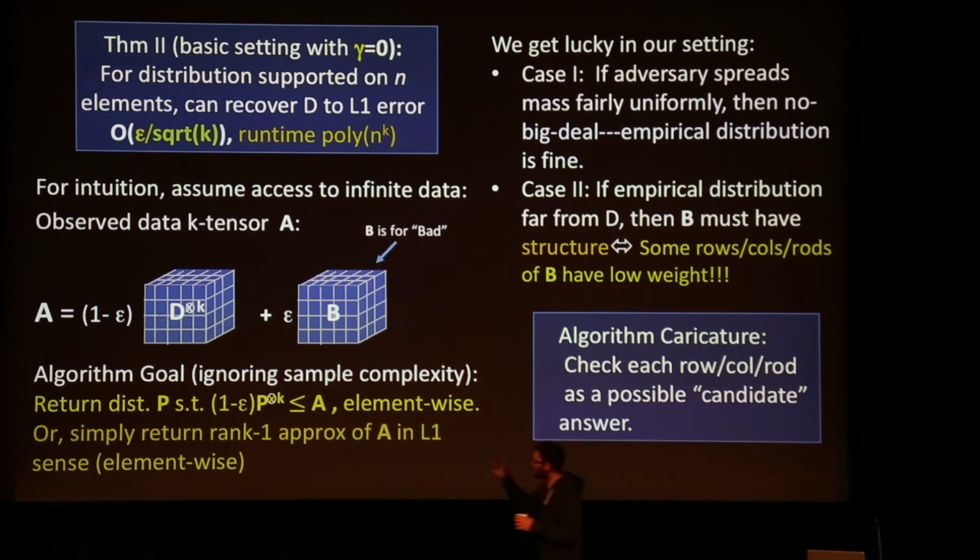You're going to check each of the rows and columns and rods and so on of A and see if each of these candidates gives rise to a good rank 1 approximation in this L1 sense of what you see. So it's this cool thing that, in our case, we're very lucky that the answer must be somewhere inside what you observe, and you just need to guess and check. Anyway, we get quite lucky. So at least the algorithm's runtime is polynomial in the size of this k-tensor, which is what the usual goal is in some of these tensor low-rank recovery problems.